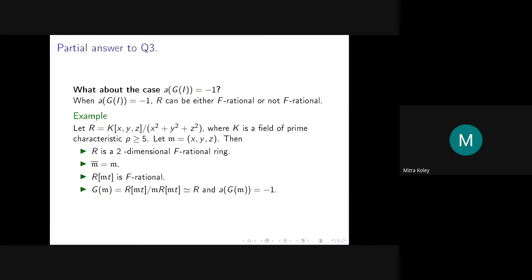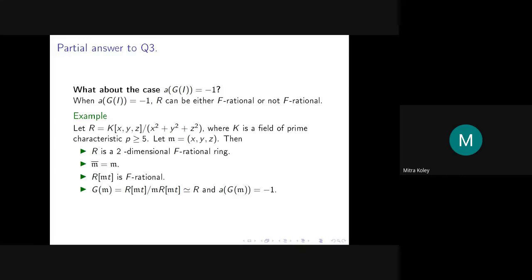So the first example is, let R equal K[x,y,z] modulo the principal ideal generated by x squared plus y squared plus z squared, where K is a field of characteristic p. Let M be the ideal generated by x, y, z.